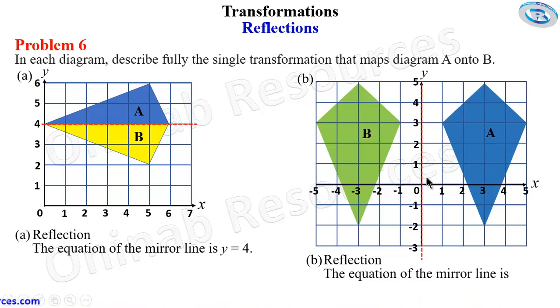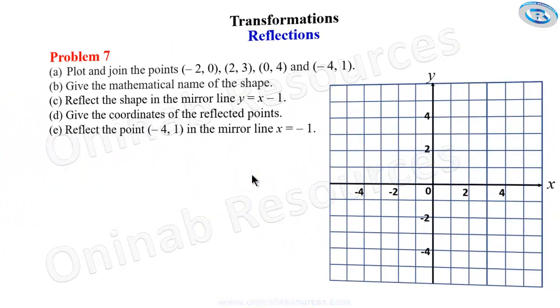So that line is the mirror line, and it is x equal to 0. That is the equation of the mirror line for reflection as represented in problem 6b. So with this, we have done justice to problem 6. We then go to problem 7.